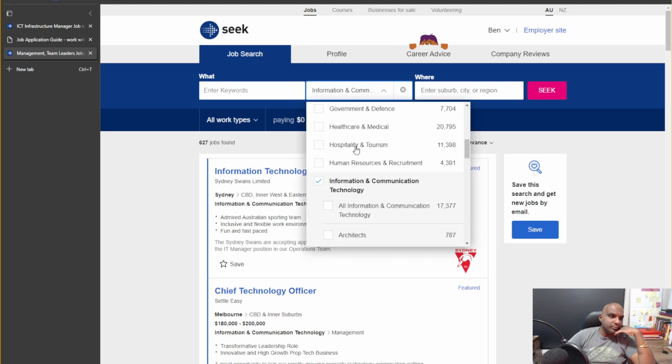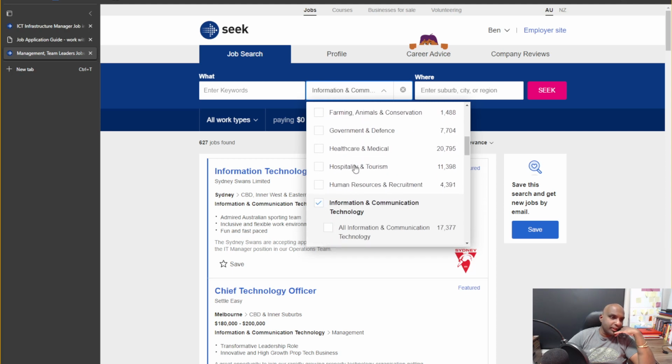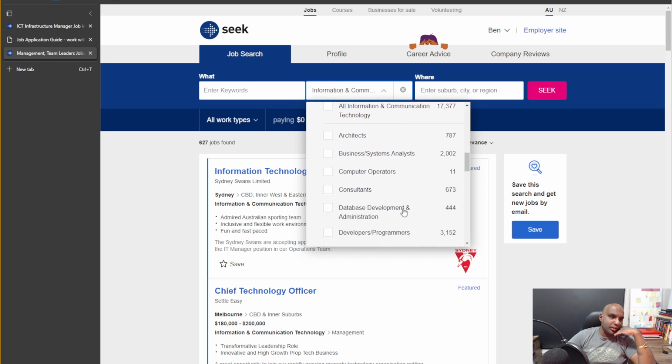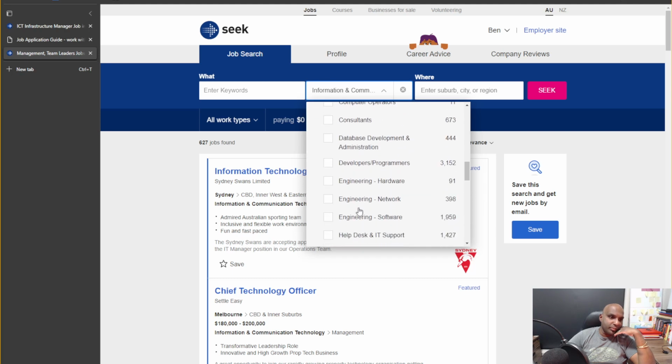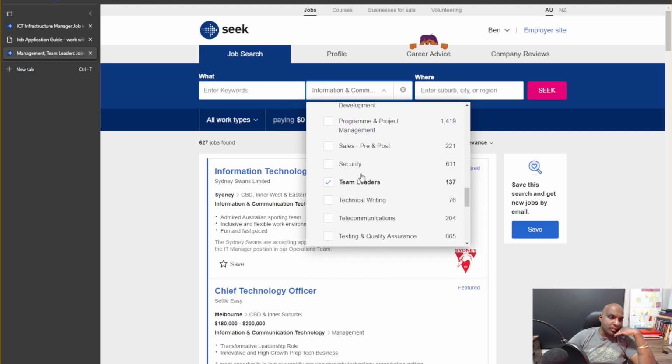I've picked the category, gone into information communication technology, and left most of it unchecked, just management and team leaders. So I've just put those two on.